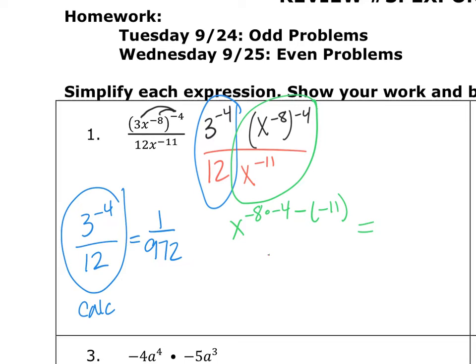I'm just going to put that into my calculator exactly like I see it. -8 times -4 minus -11. And I get 43. Where's my x to the 43. And this stays on the top because I don't have any negative exponents. So my full answer together will be x to the 43 on top and 972 on the bottom.